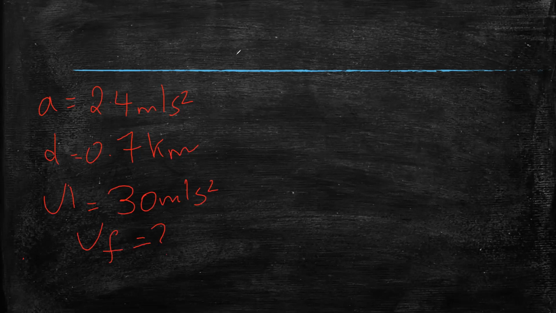If the acceleration is 2.4, d is 0.7 kilometer, V initial is 30, V final I have to find.